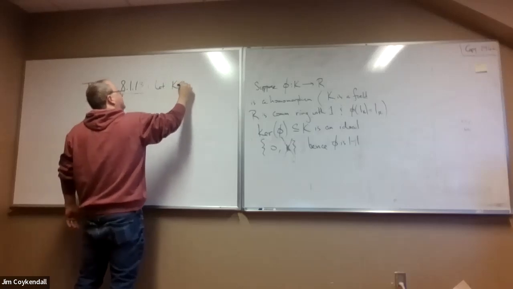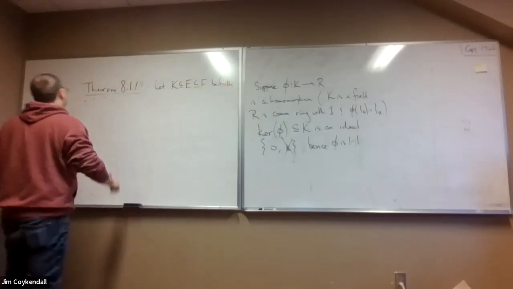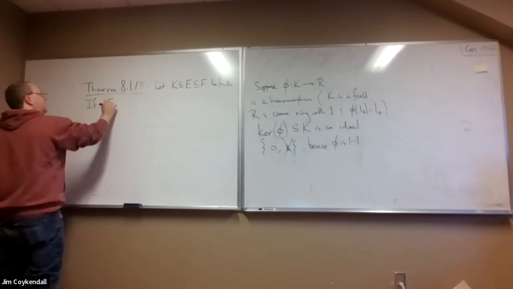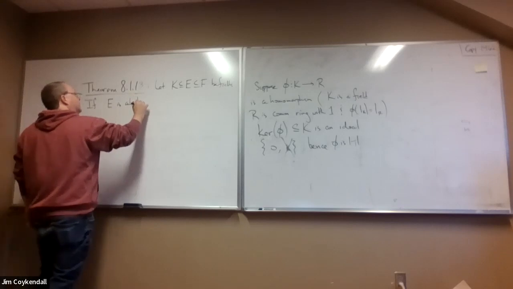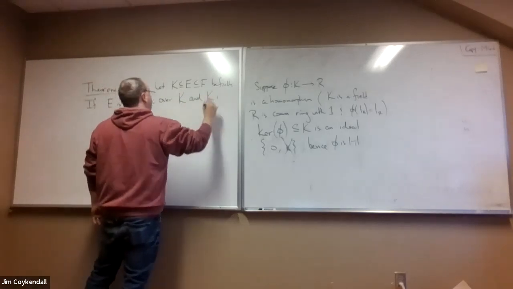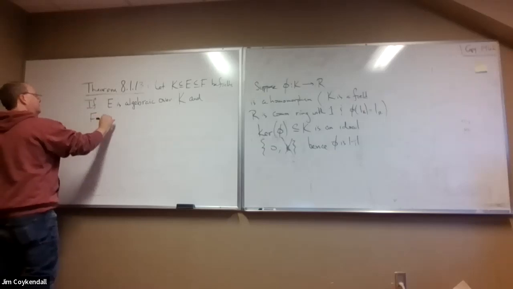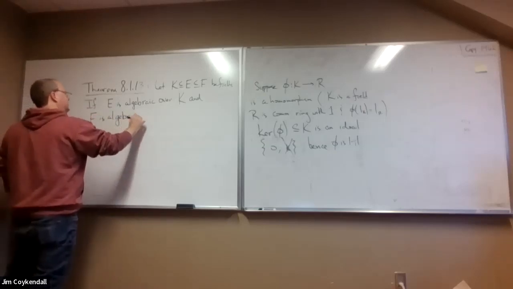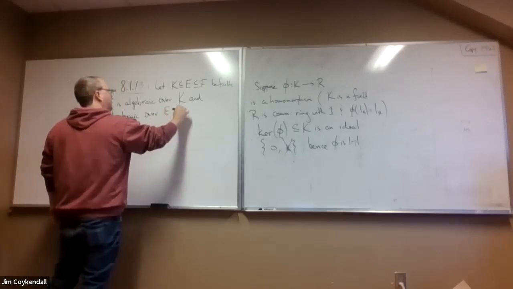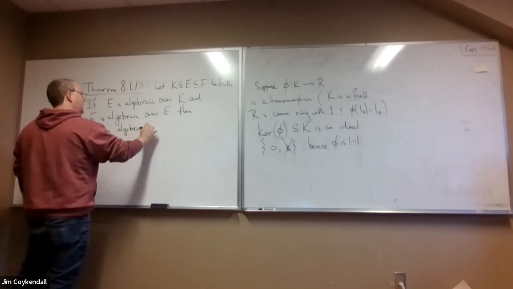A, B, F, if is algebraic over M, and F is algebraic over E, over E. Algebraic over.